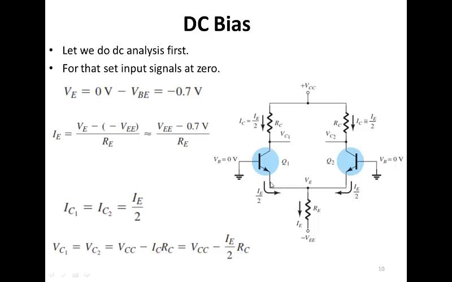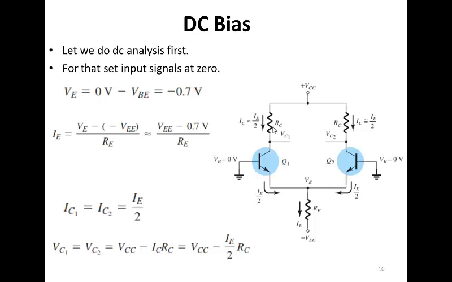Next, if you know the emitter current, you can find the value of collector current, as collector current and emitter current are approximately equal. So IC would be equal to IE by 2. Similarly here, IC would be equal to IE by 2. So these are the collector currents, and then we can compute the voltage at the collectors.